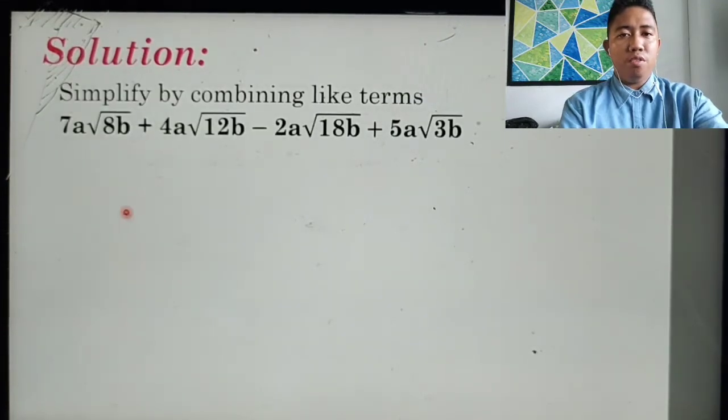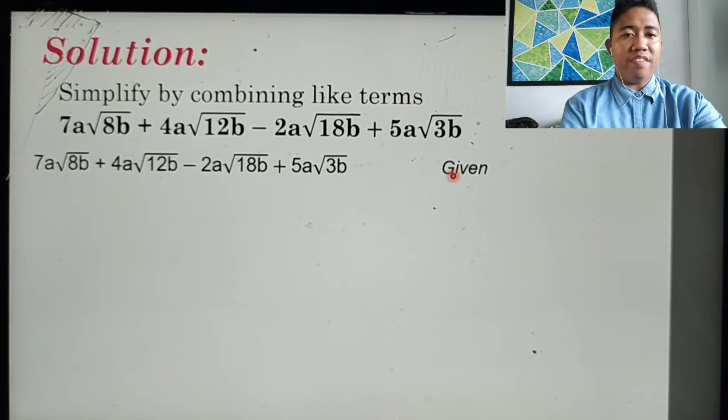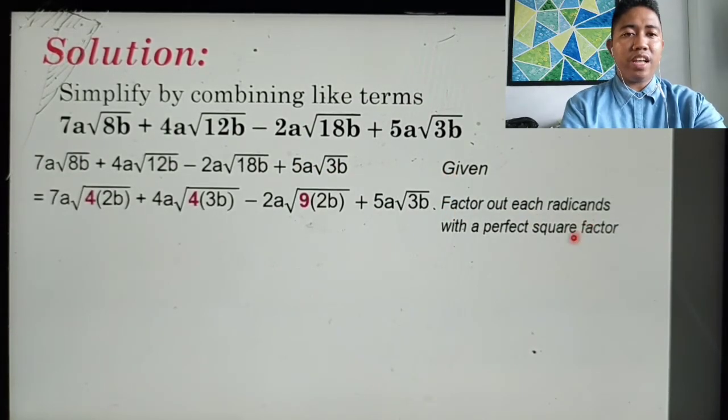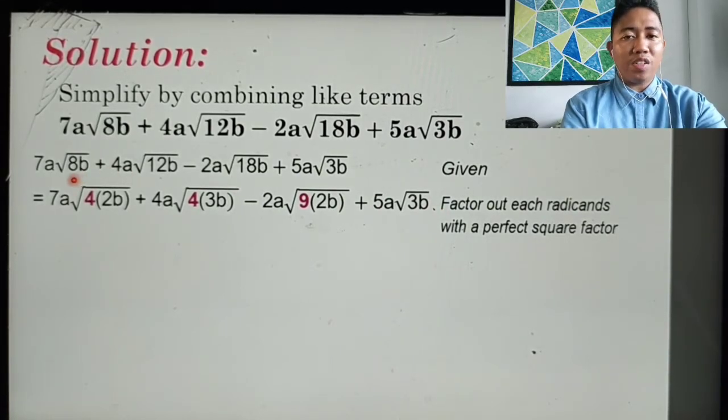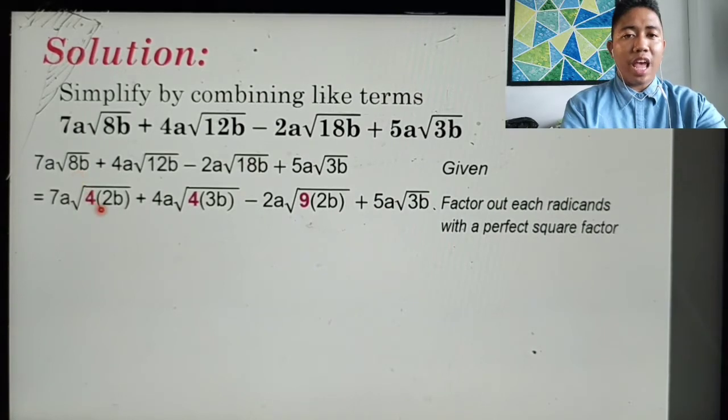Okay, the first step is simplifying by combining like terms. We have the given. The next step is to factor out each of the radicands with a perfect square factor. This is always the first step, same as in the previous example number 6. So we factor out the square root of 8b, so it becomes 4 times 2, and copy the variable b.